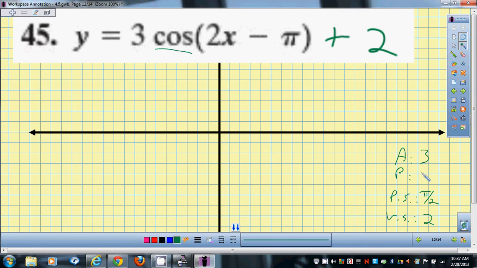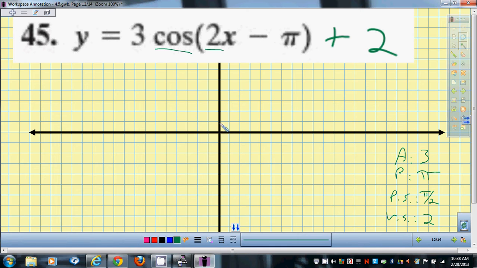Now here is how you start solving these. Here's how you graph them. Here's how you graph one period. Remember how I said I always like to start on 0? Well, if we were to start on 0, at x equals 0, what did cosine start at? At 0, what was cosine equal to? 1. So naturally, we'd start here normally. But what's my amplitude now? 3. Now, before we go any further, so this would be where we're going to start.